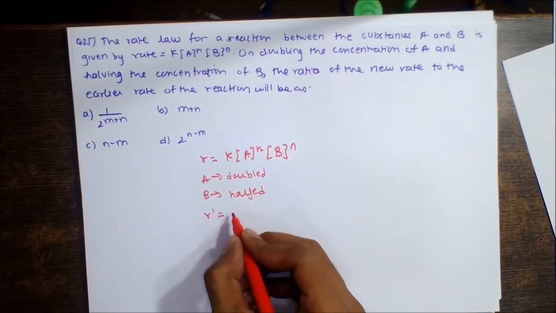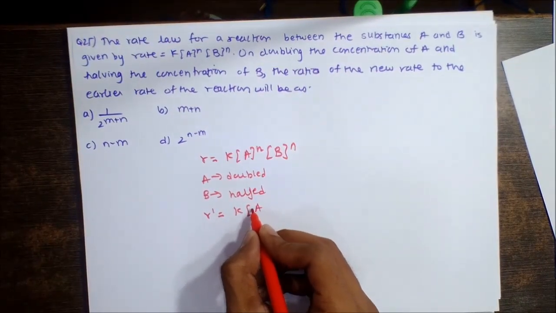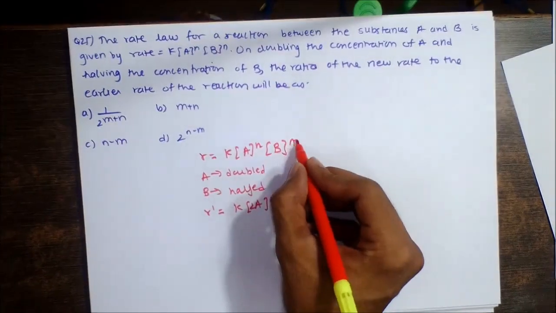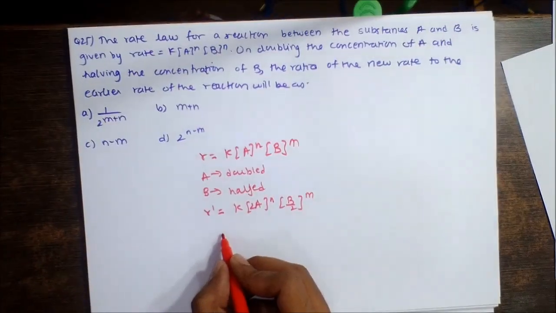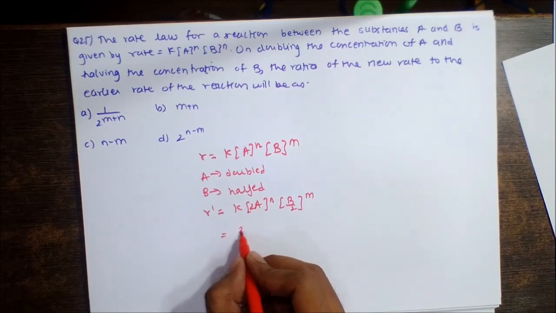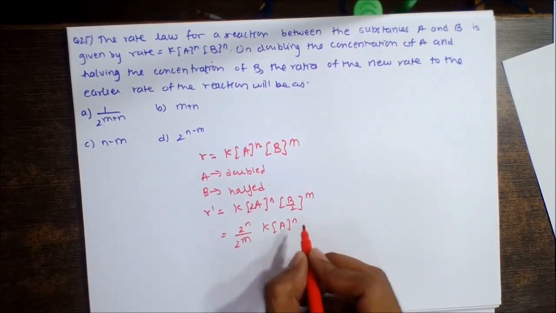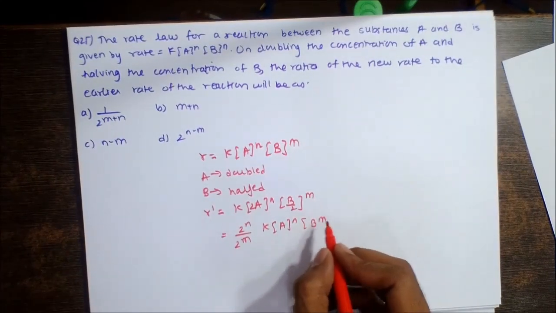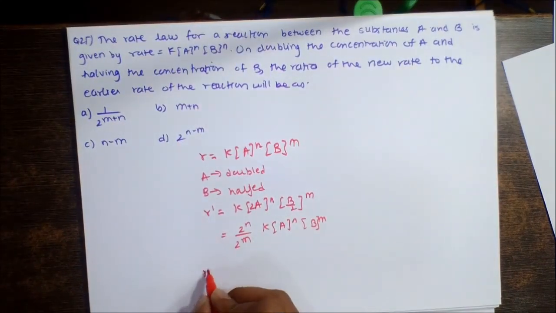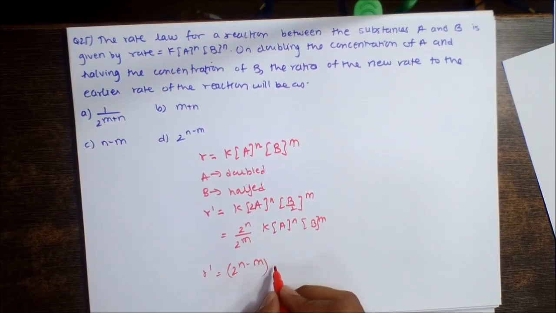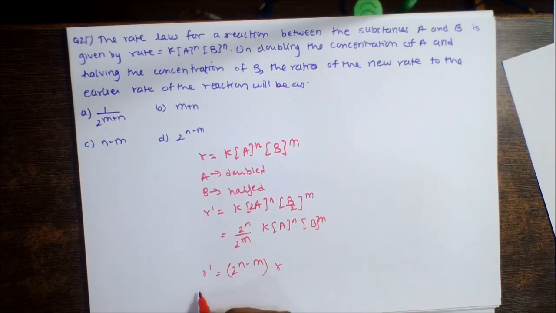Therefore, I can say the new rate is K 2A raised to N B by 2 raised to M, which equals 2 raised to N upon 2 raised to M K A raised to N B raised to M. R dash would be equal to 2 raised to N minus M into R. Therefore, R dash upon R would be equal to 2 raised to N minus M.